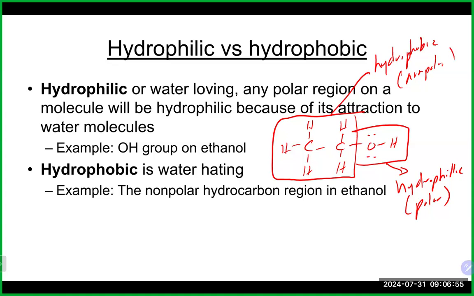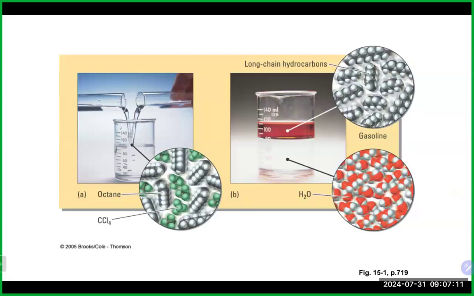As long as the hydrophilic part is accessible to water and the hydrophobic part is not really large, you will get a lot of molecules with those regions being soluble in water, which increases the interaction between water and those molecules. So here, as you can see, this is octane and CCl4.